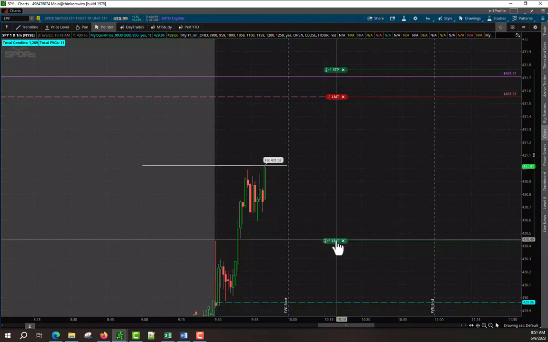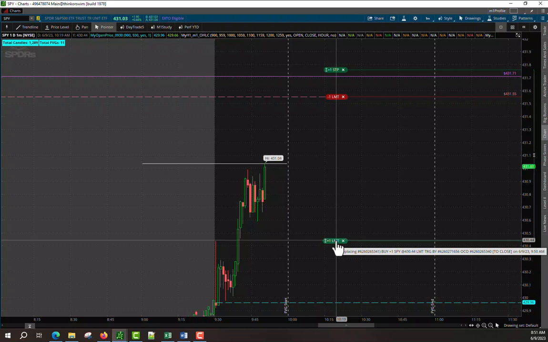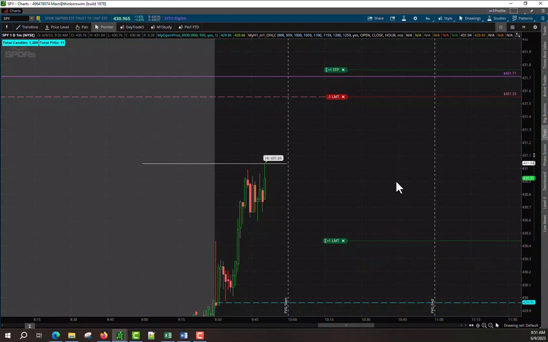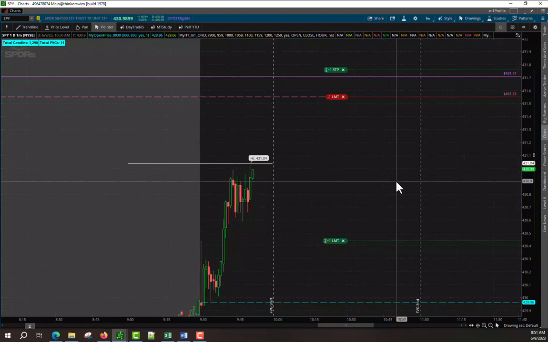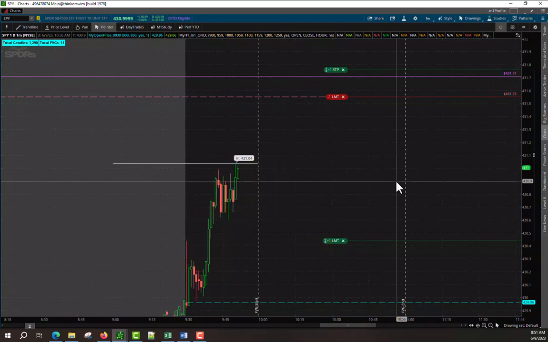So we risk 16 cents, around 20 cents, and we will have almost $1. So a 1 to 5 risk to reward ratio right there. 1 to 5: risk 1 and get reward 5.